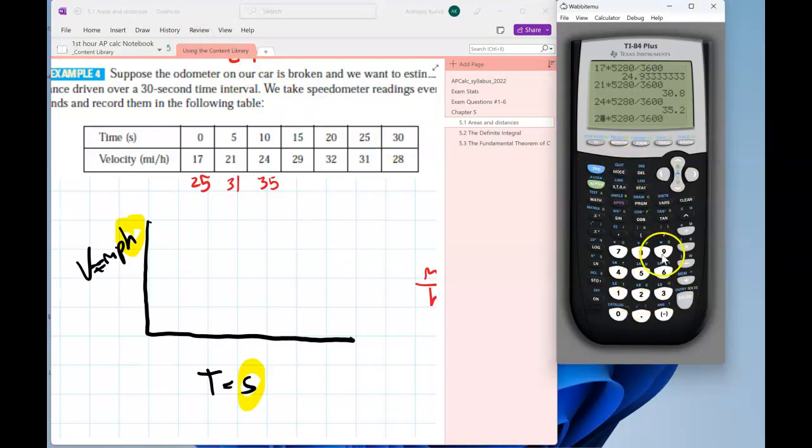I mean, you guys will get the idea with whatever I do here, right? 43 and 32, 1 and then 28. So let's see, 47, 46, 41.